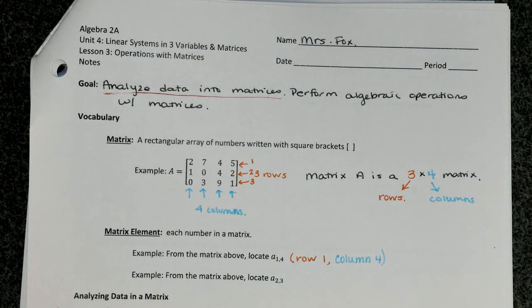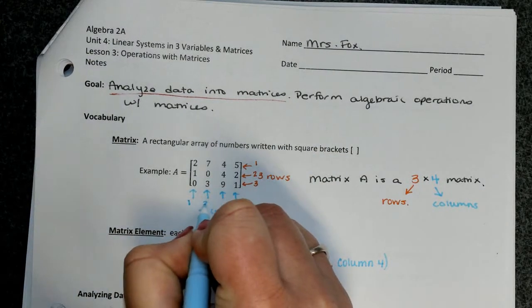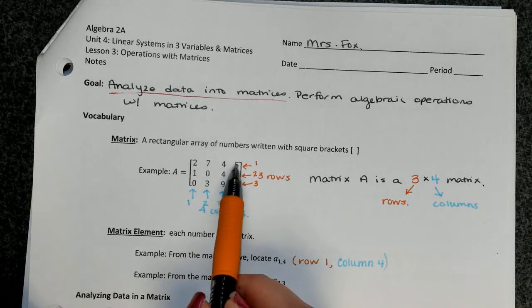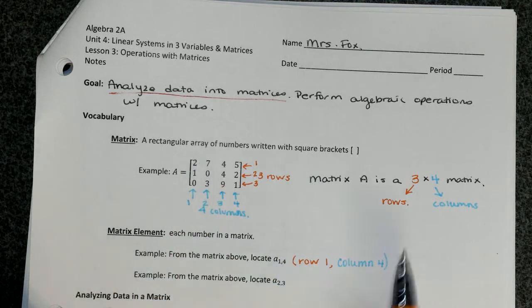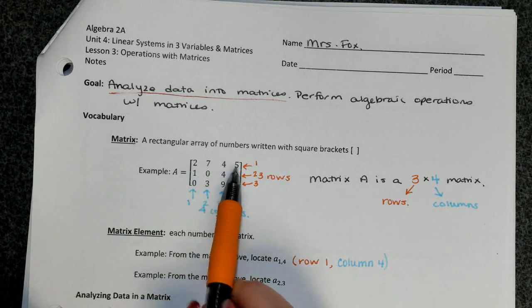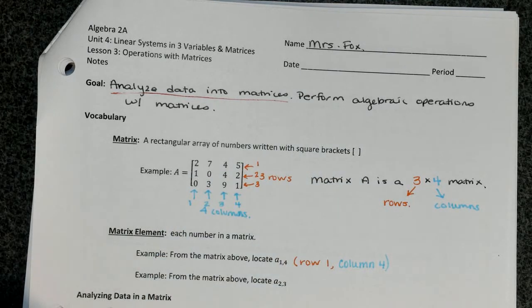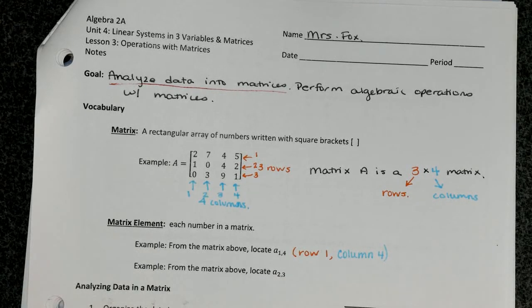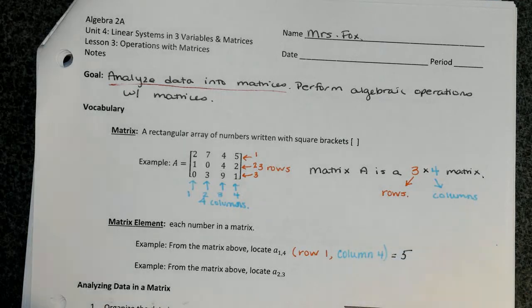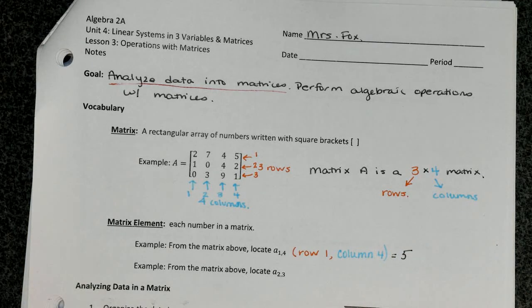You just count down, and then just as you would read a book, you count 1, 2, 3, 4 across. So this one is in row 1, so this first row, and it's in column 4, so row 1, column 1, 2, 3, 4. That number is 5, so the element that it is looking for here is 5. That's the number that's in that location.